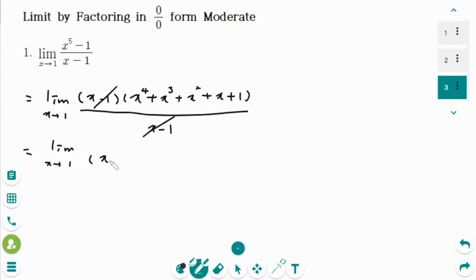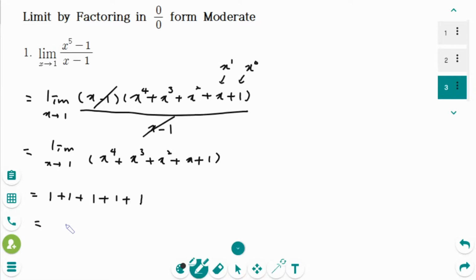Simplify this one. So that one is x to the power of 1, this one is x to the power of 0, and then 3, 2, 1, 0, like this. And then put 1 into x. So 1 to the power of 4, which means 1 plus 1 plus 1 plus 1 plus 1. So the answer is 5.